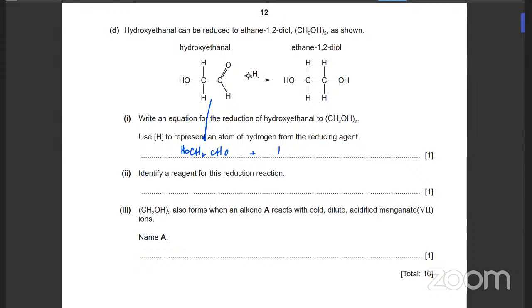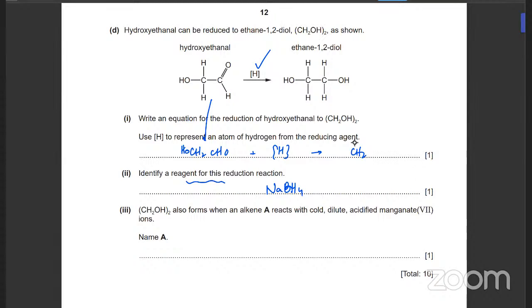Okay, the reducing agent must be represented by H. Fine. And so can you write the reducing agent on the arrow? But they're asking कि it's represented by H, right? उससे बल्कि क्या अगले step में what's the reducing agent? That's NaBH4. So you can't write it above the arrow? करने को नहीं कहा, उसने खुद कहा, instruction दी हुई, use H to represent an atom of hydrogen from the reducing agent.